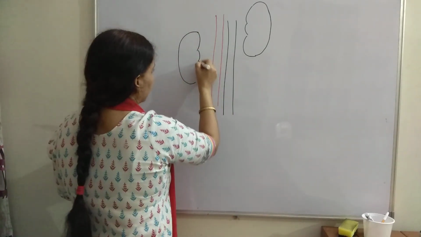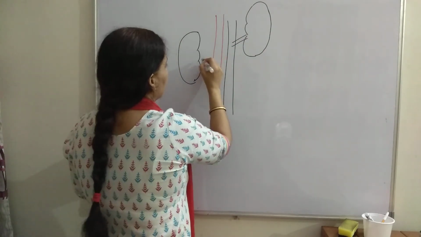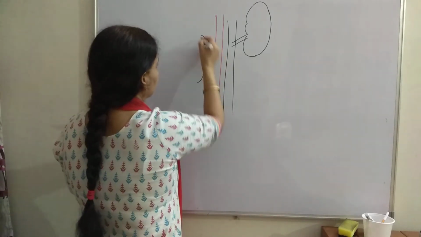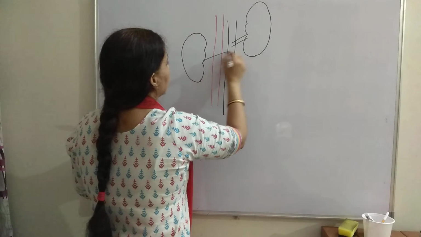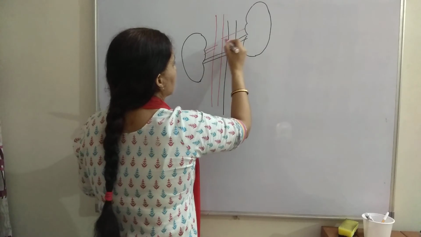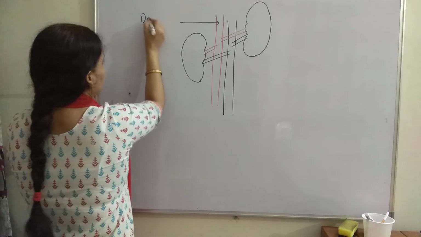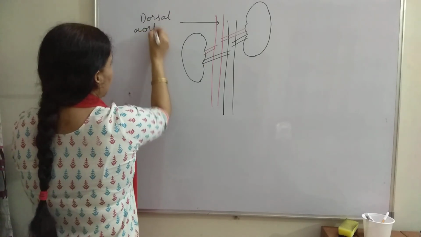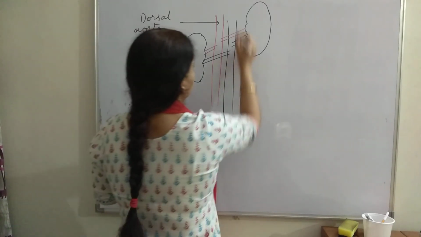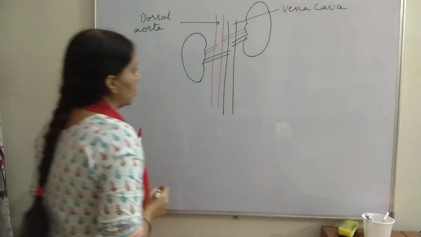Draw the shape carefully. Both kidneys are connected, one to the black blood vessel and the other to the red blood vessel. Now what are these black and red blood vessels? The red one is called the dorsal aorta. It is an extension of the systemic aorta coming from the heart, and the black one is called the vena cava, which collects deoxygenated blood.